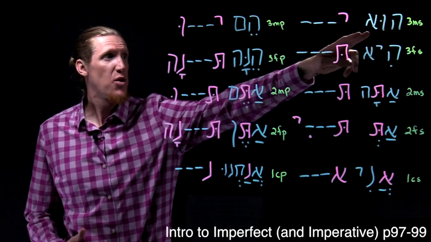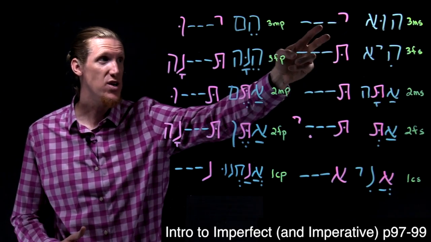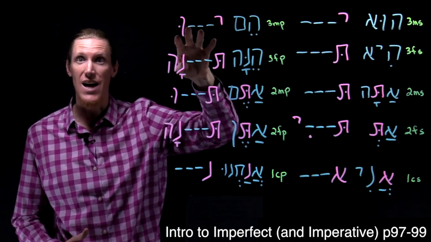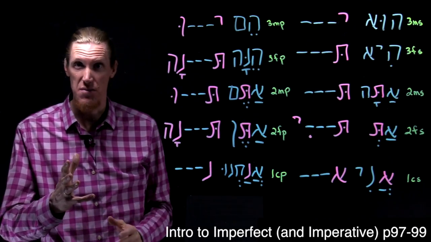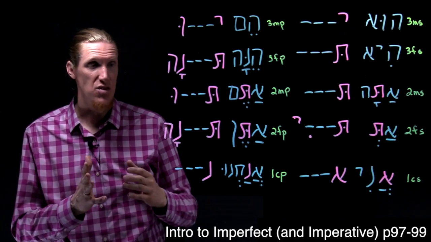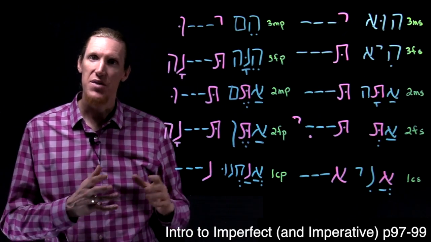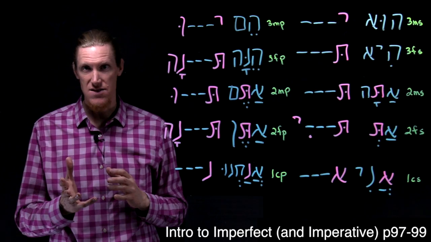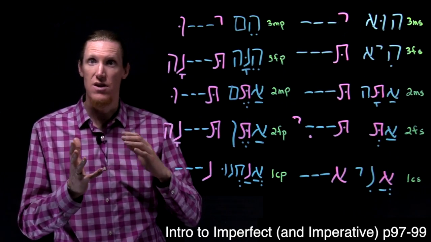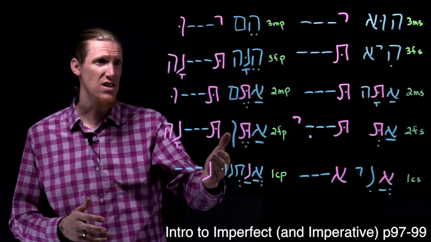So the third-person masculine forms both begin with yod. The difference between them is that the plural has a prefix complement. That's one thing I didn't mention earlier. Some prefixes have a prefix complement, which is something at the end. You'll see a number of them here. Something at the end that differentiates the prefix for gender and number, because a number of the prefixes are the exact same.